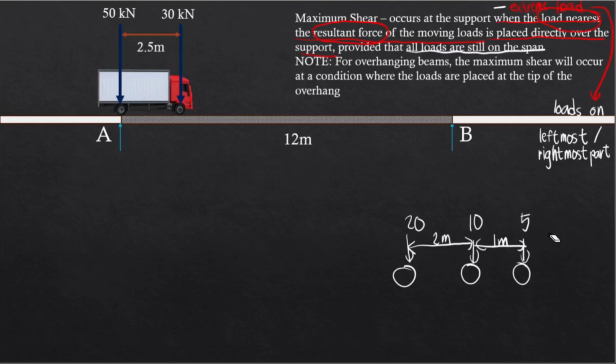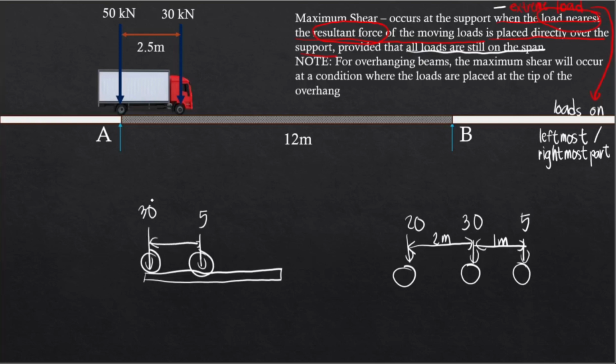Because if let's say this was 30, if you will place this over the span, let's just draw another one. Let's say we're gonna place 30 right here, and then we have 5 separated by a distance of 1 meter. Notice that with this configuration, although the largest load is over the support, let's say this is point A, we have a support right here, and this is RB.